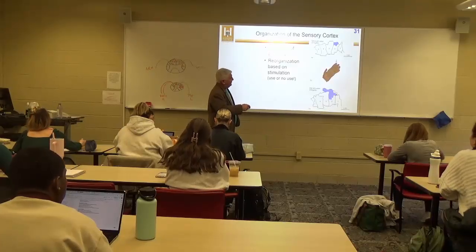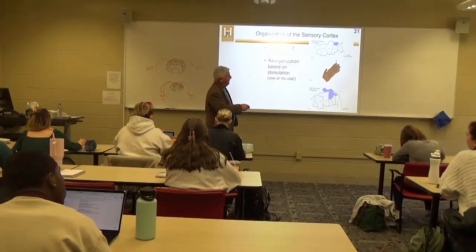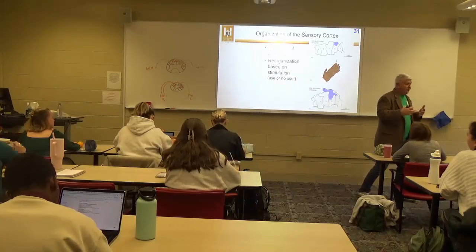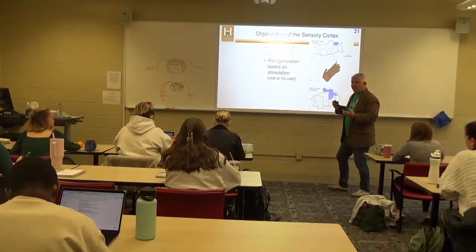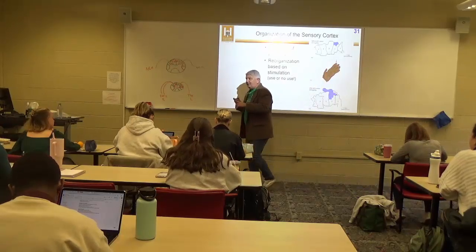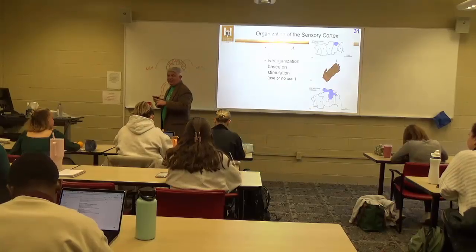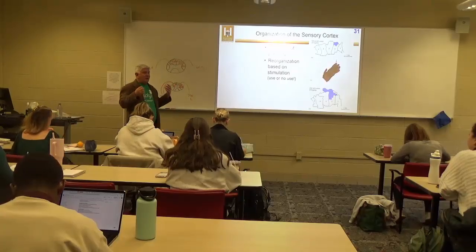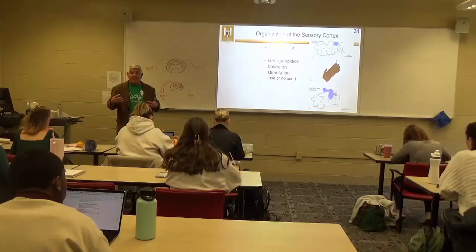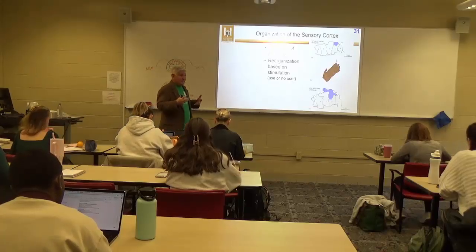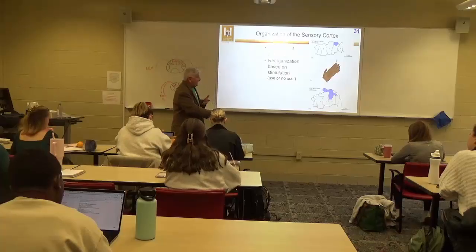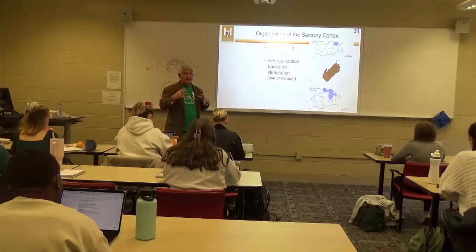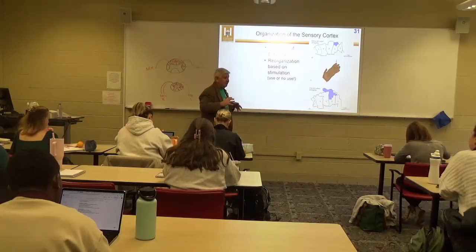And even within the second digit, the tip of the finger is right here. If we give a monkey a discrimination task that they get rewarded for between different types of tactile stimulation on the tip of their second digit, and we give that monkey lots of training in that, the monkey gets better at discriminating between stimuli over time. And the amount of cortex expands for that area with lots of use.